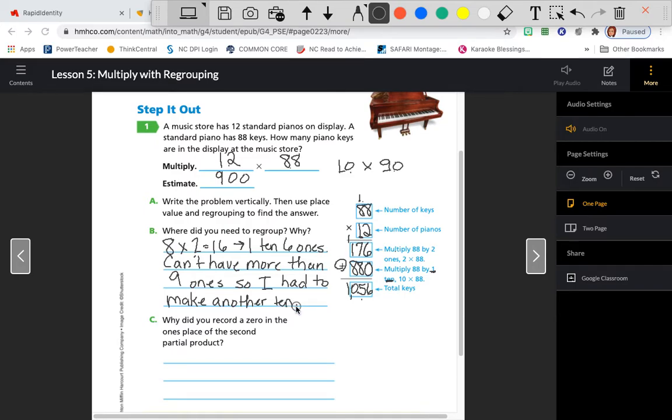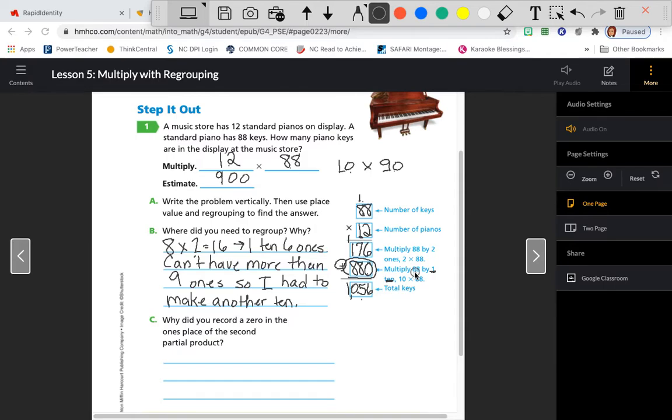All right, C. Why did you record a 0 in the ones place of the second partial product? So what they're talking about is our 880 here. Why did we put a 0 there? Well, let's think about this. It's asking us to multiply 88 by 10.